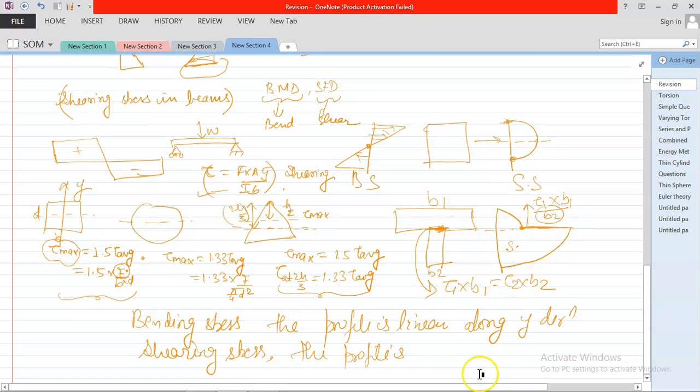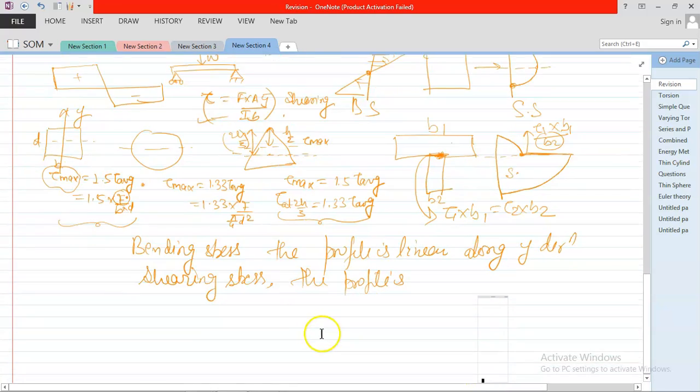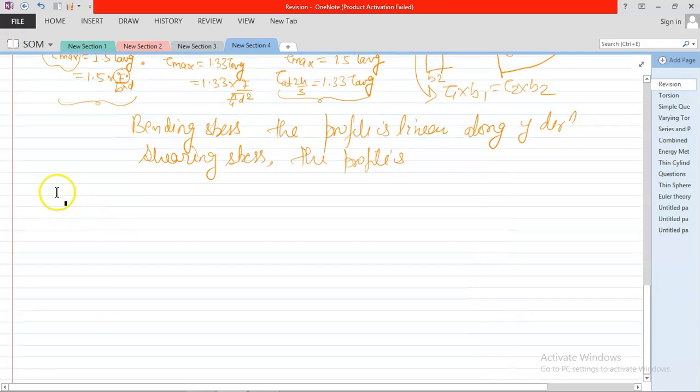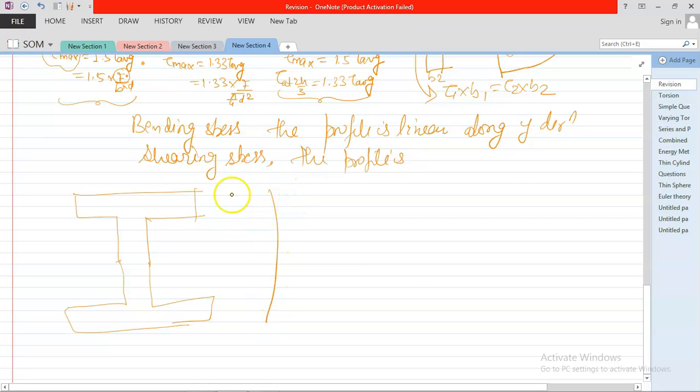Now going with the I section. Suppose this is your I section. First of all, here it is a rectangle, so it will be parabolic. Then at this point there is a sudden jump, as per the formula tau 1 b1 is equal to tau 2 b2.